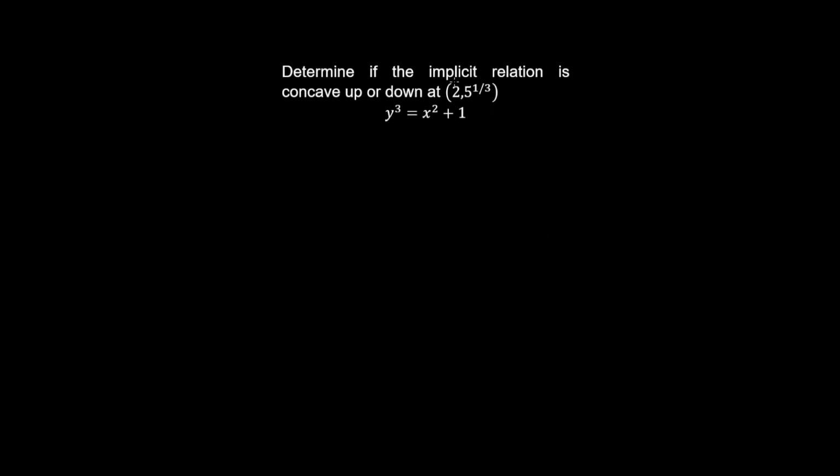Let's determine if the curve given by this implicit relation is concave up or concave down at this point. If we differentiate implicitly, we get 3y² dy/dx equals 2x, and therefore the derivative is 2x over 3y². Then differentiating again, we can use the quotient rule.